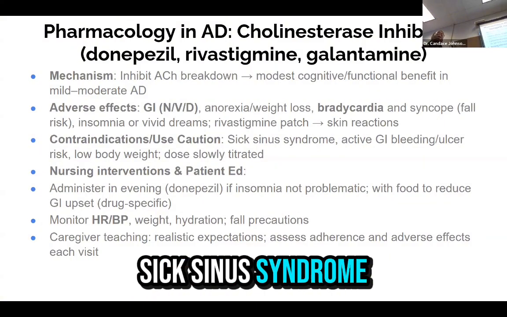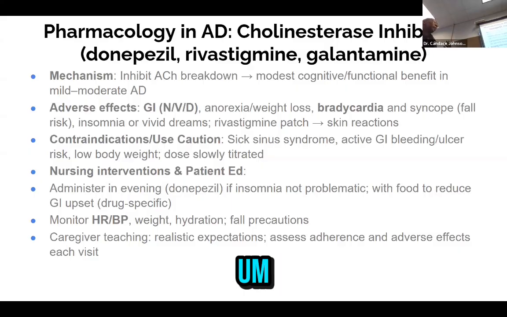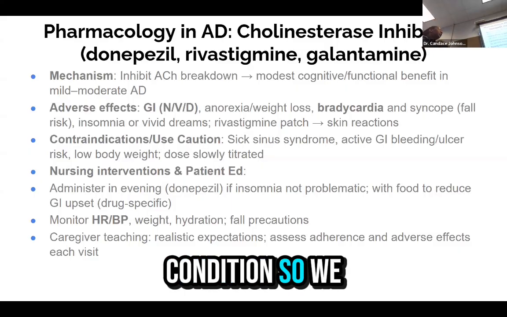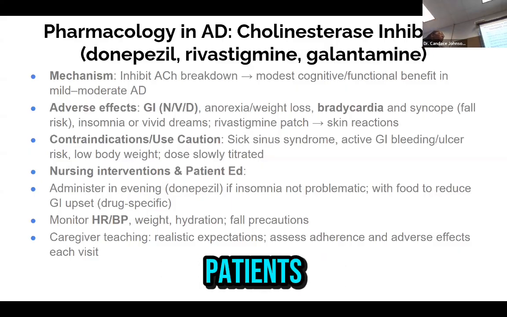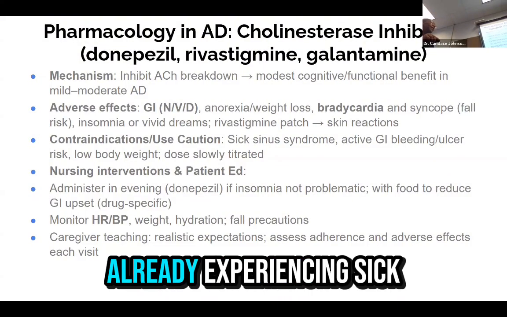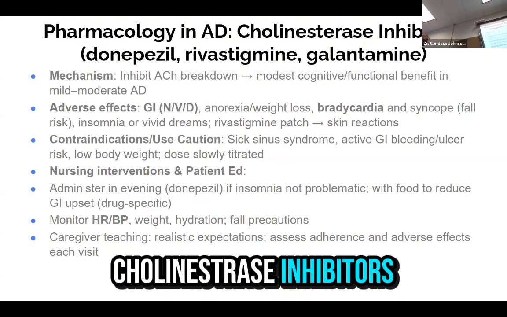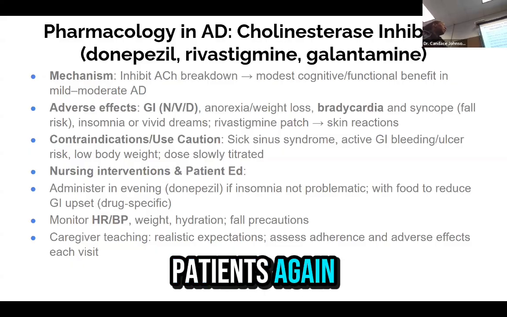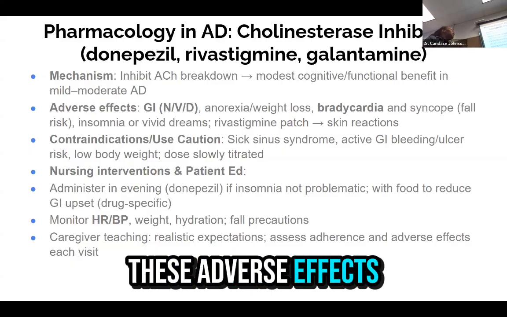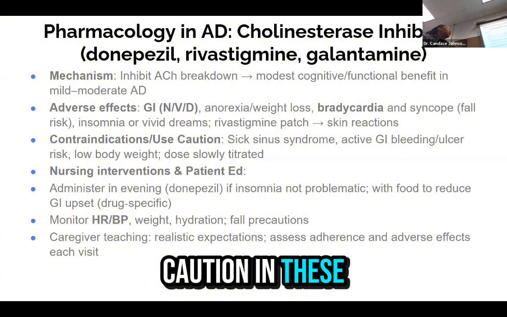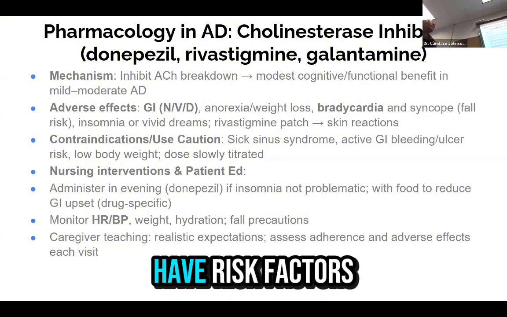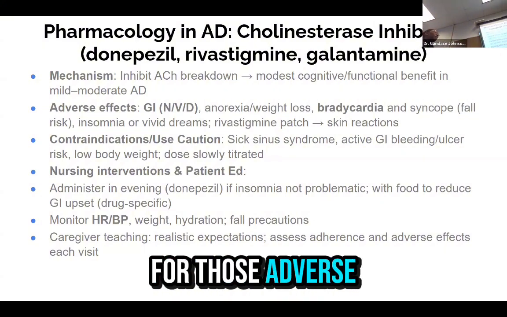Sick sinus syndrome is a chronic condition. So we don't want patients who already have it to be on cholinesterase inhibitors. Again, it makes sense: you want to use caution with people who have risk factors for those adverse effects.